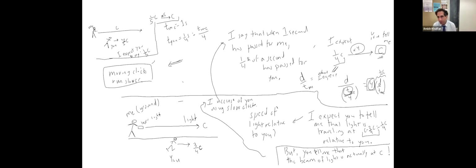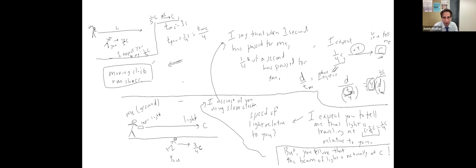Remember, before when you're moving at 3/4 c, when 1 second passed for me, 1/4 of a second passed for you. Now when you're moving at 4/5 c, I'm making the argument that when 1 second has passed for me, 1/5 of a second has passed for you. Even less.